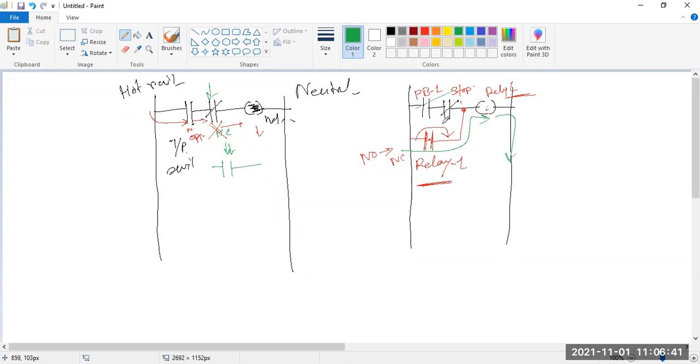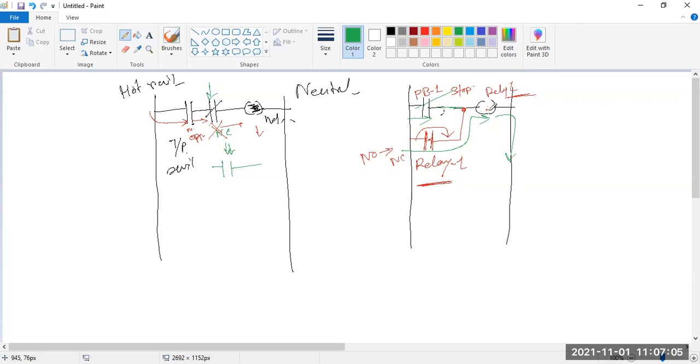If you release this push button, or the stop button is not there, maybe the stop button is not required over here. So the first time, supply is provided here. Once supply is provided to relay 1, then relay 1 will be energized.